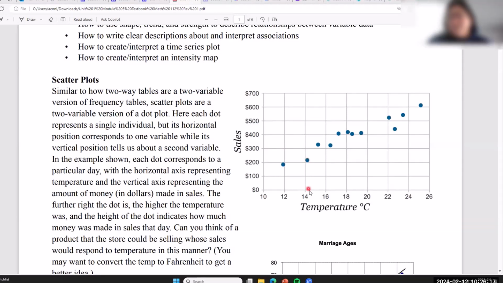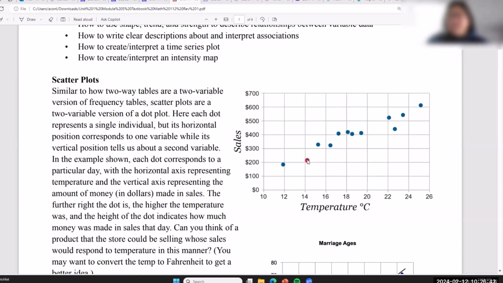Yeah, a little over 14 degrees, 14.1, who knows, but it's around 14 degrees. And then how much were our sales? How much money did we make in sales that day? It's like a little bit above 200. Yeah, a little bit above 200. Very good. So you could say $210, who knows what, somewhere around there.